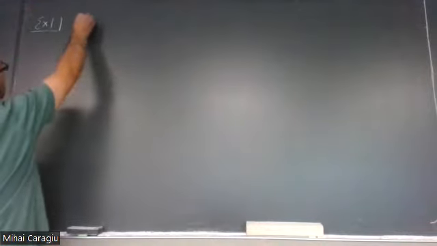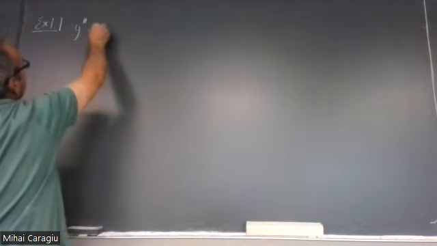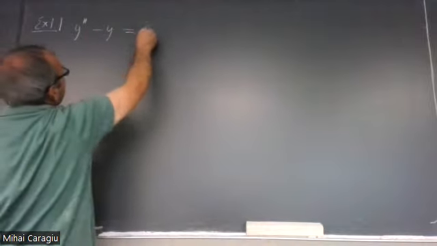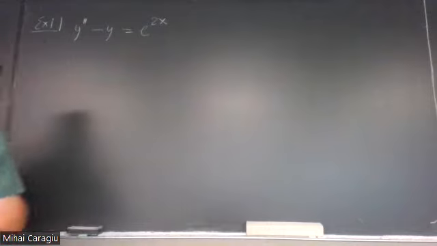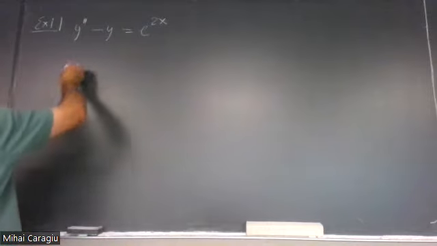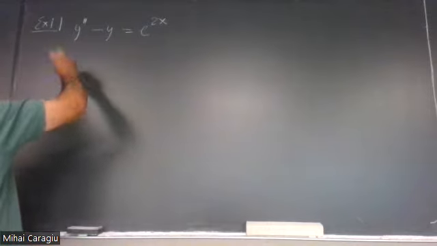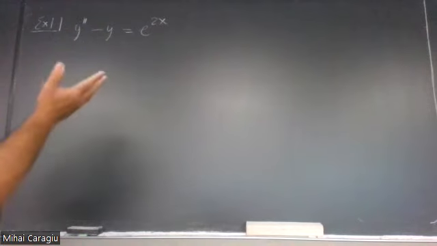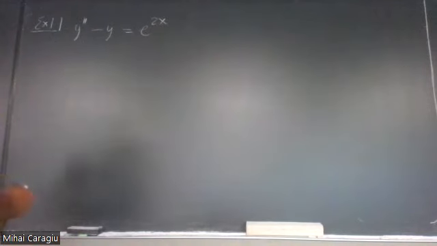So let's see. y'' - y = e^(2x). This is a simple example. We will not put initial conditions because they're easy to deal with anyway. Once you know the general solution, then the IVP is not difficult.